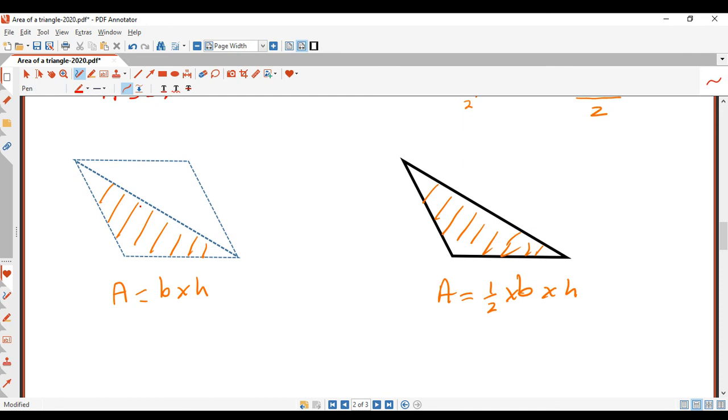Coming back up here, we have base here, and height there, and same here, base is here. I can extend that a little bit further. Coming down, that's the height, that's 90 degrees.